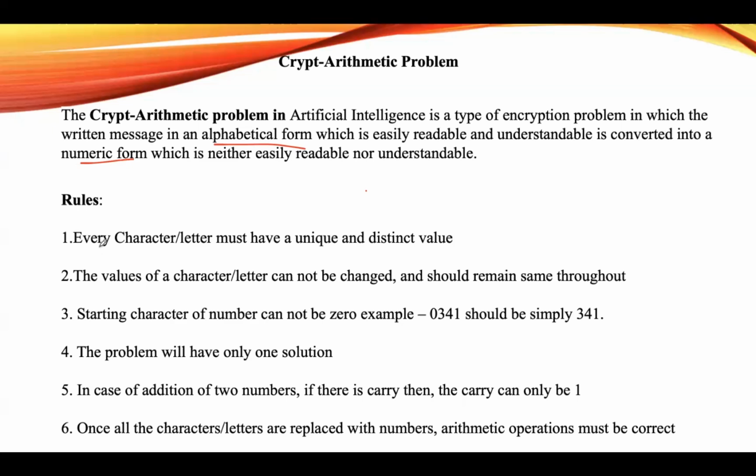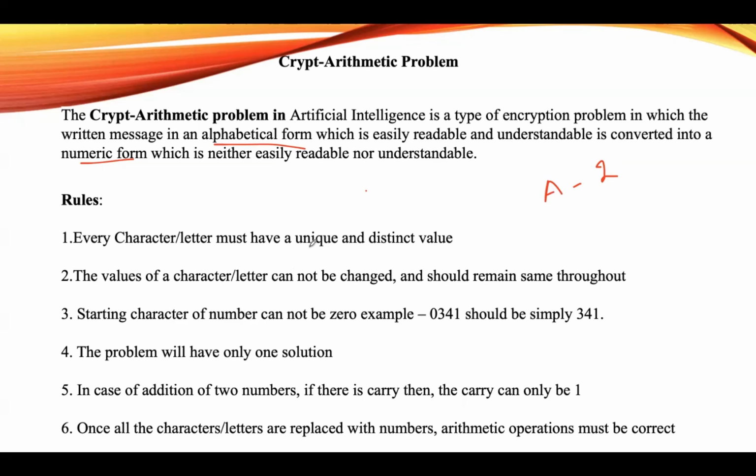First rule is every character or letter must have a unique or distinct value. Say, for example, if I assign a value, say 2, to one particular character A, then you can't assign the same value to another character. So we can assign this only to A but not to any other character.